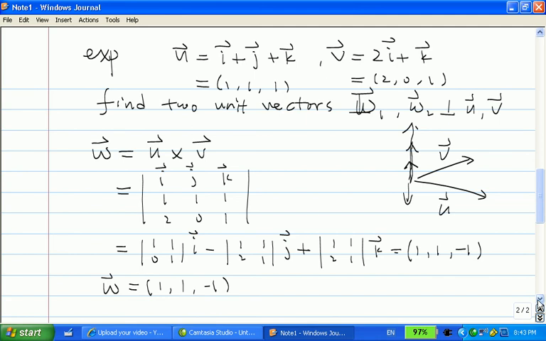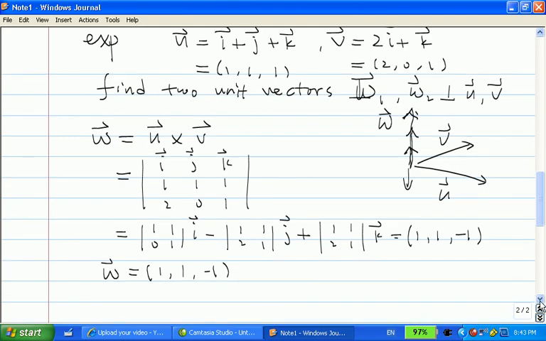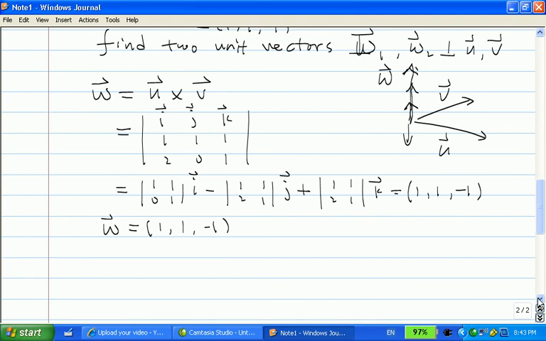So W is one of those vectors perpendicular to both of them. That's the property of the cross product. So let's find W1. W1 has the same direction as W, but with magnitude 1. To find this one, you just need to divide by its own magnitude. This is a scalar times a vector.